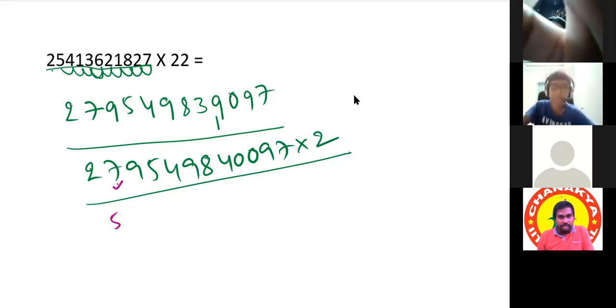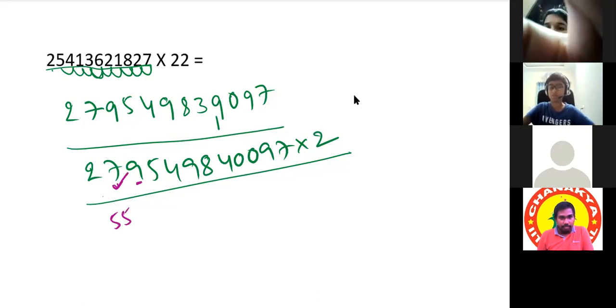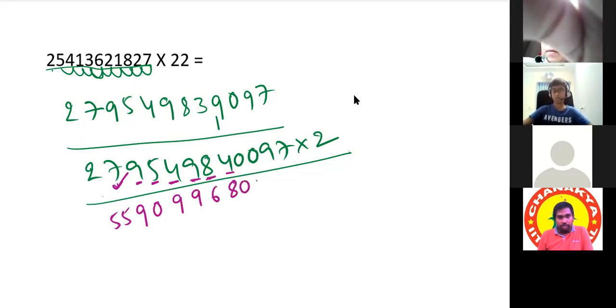I'm just doubling this number, adding digit by digit only. 2 plus 2 is actually 4, but the next place carry, that's why 5. 7 plus 7 end number is 4, but the next place is carry, that's why 5. 9 plus 9 end number is 8, but the next place carry, that's why 9. 5 plus 5 end number 0, next place no carry, that's why 0. 4 plus 4 actually 8, but the next place carry, 9. 9 end number 8, but the next place carry, that's why 9. 8 end number 6, next place no carry, 6 only. 4 plus 4 is 8.